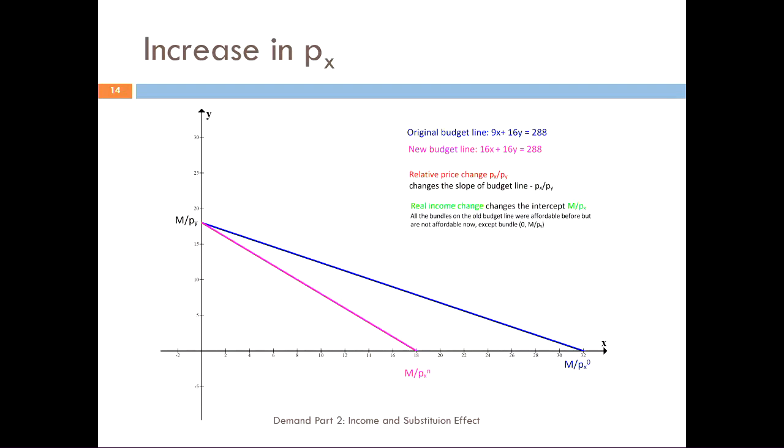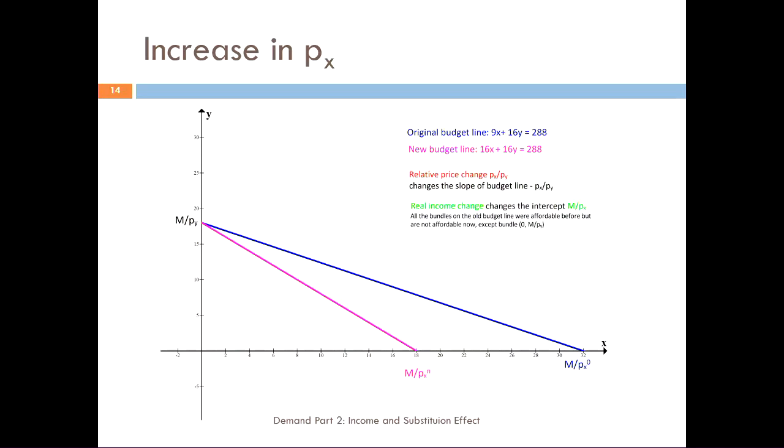We can also see this, by the way, with the budget line. Consider any point on your original blue budget line there, other than the vertical intercept. In other words, any bundle where you consume a positive amount of X. Notice that all of those bundles are above the new budget line in pink there. That means none of those bundles are affordable now. So that's the sense that your real income's gone down. Whatever you could afford before, you can't afford now unless you bought no X before.